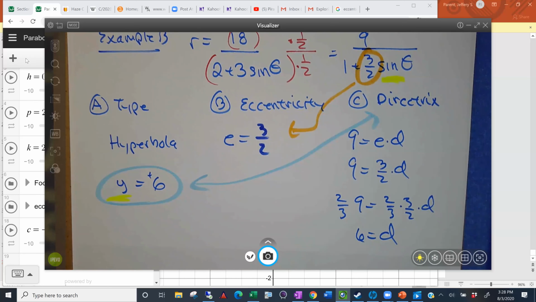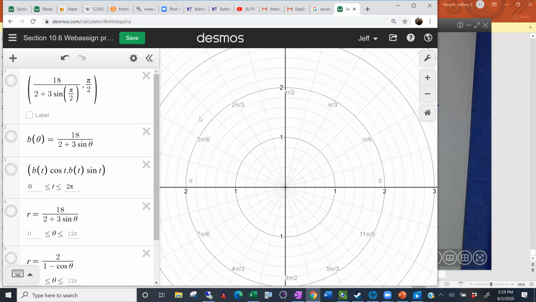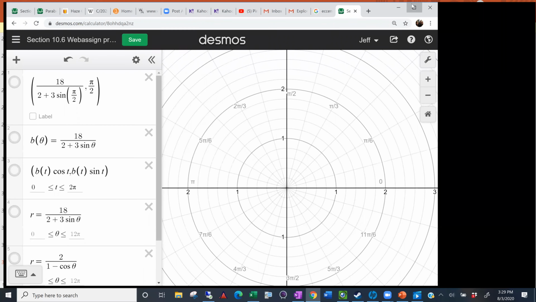You can switch to polar grid, which makes things nice. And then we can plot some points there. You can plot your equation. R equals 18 over 2 plus 3 sine theta, and we get a hyperbola. And we should be able to zoom out enough. There we go. You see both branches of the hyperbola.